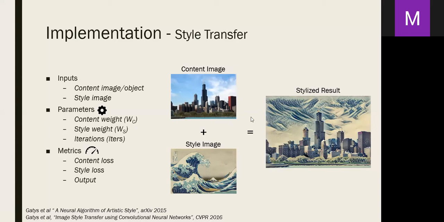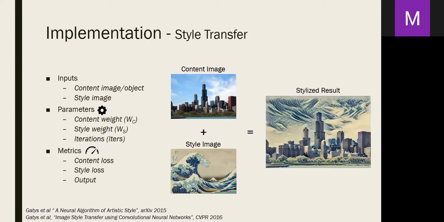So to run this experiment, we need a couple of input arguments. The first would be your input images, which would be your content and the style images. To run the experiment and to manipulate the output, you will have access to something called the content weight, the style weight, and the iterations, which is the number of iterations your model will run.